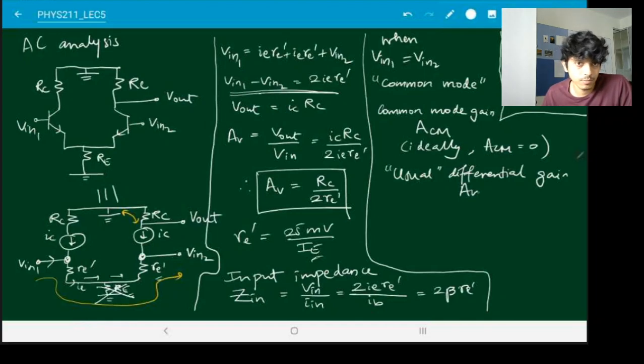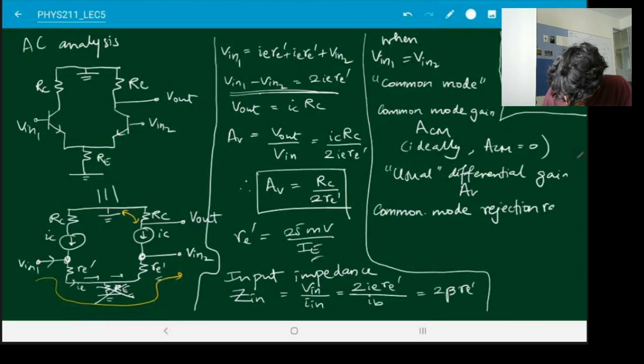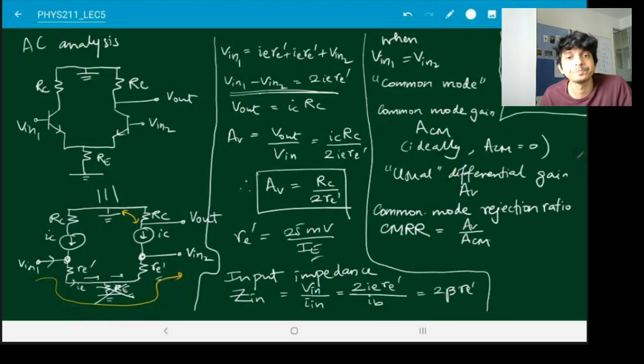This is what you normally do when you have a differential signal between input 1 and input 2. And then we define what is called the common mode rejection ratio, or CMRR, which is defined as AV divided by ACM.